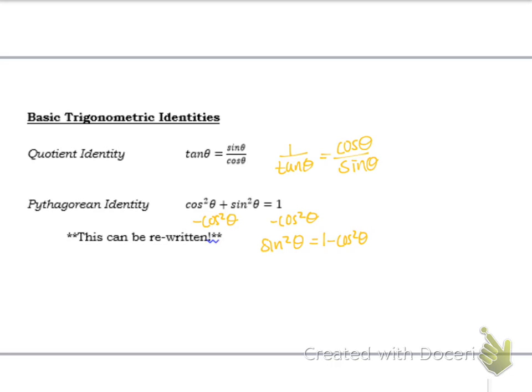Or I could subtract sine squared theta and get cosine squared theta equals 1 minus sine squared theta. So there are different options of using those two original equations and rewriting them in different ways that we can use to simplify our trig identities.